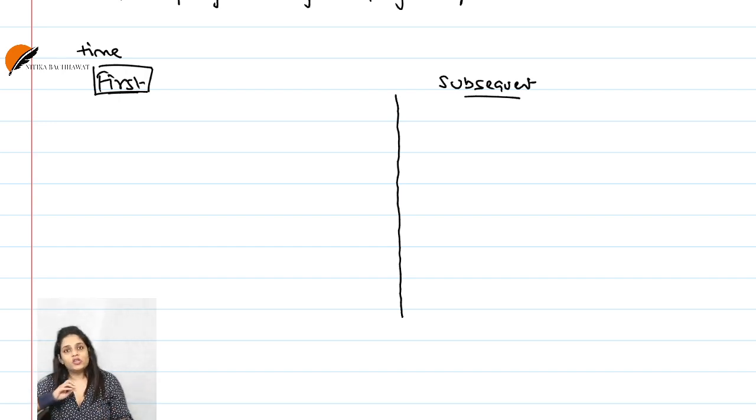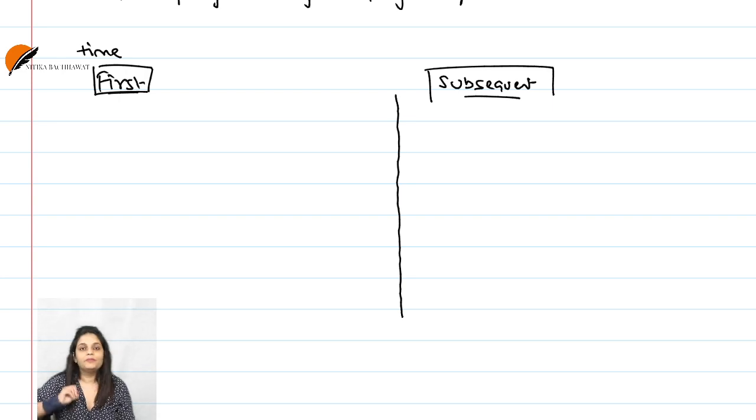After that, whichever AGM the company calls is known as what? Subsequent. So after incorporation, the first AGM is what we are talking about, the first meeting. After the first meeting, every AGM is a subsequent AGM, right?